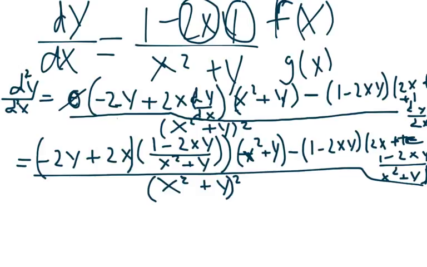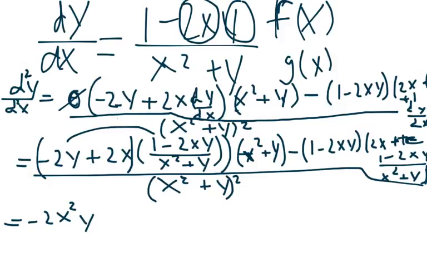Okay, so now you're just foiling. When you FOIL negative 2y to x squared and so on, you get negative 2x squared y. We messed up once again.